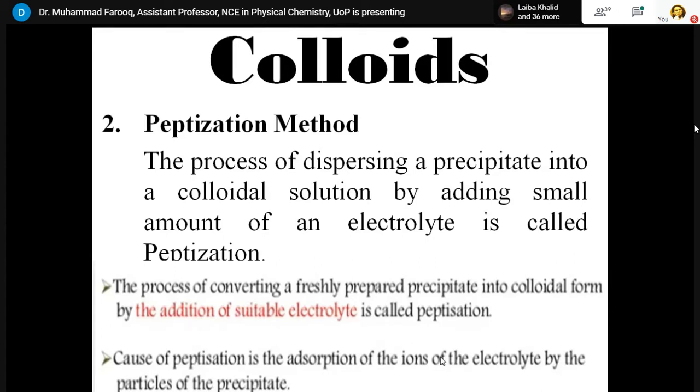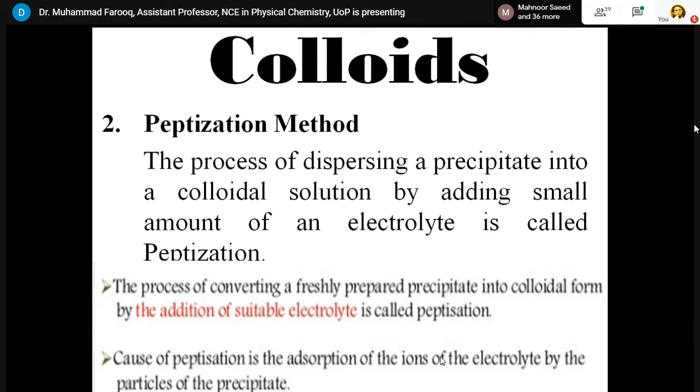In peptization, what happens if we have a precipitate, for example Fe(OH)3? The particle size will be larger in the case of a precipitate.